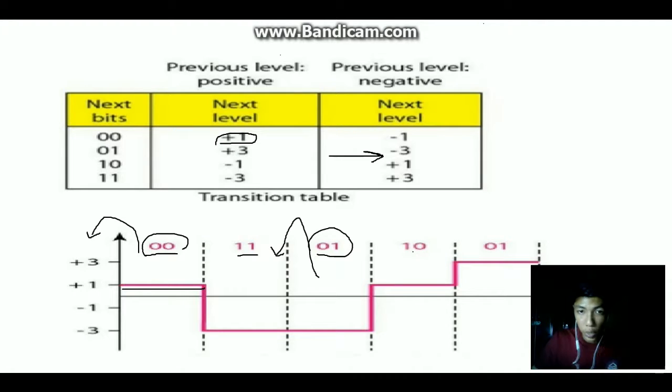We continue to the next 2 bits, 1 and 0. The previous level is negative, so for 1, 0, it will go to +1. And the last 2 bits, 0, 1, the previous one is positive, so it will go to +3. Okay, that's it. Thank you.